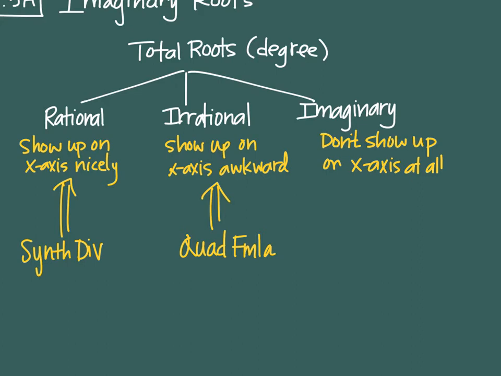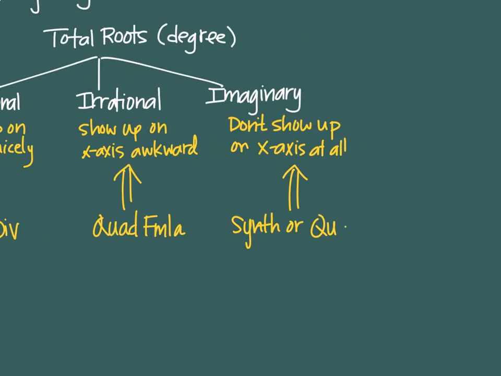So if they're not on the x-axis, then how are we supposed to find them? And we still get to use synthetic division for imaginary. So thankfully, actually we can use both methods. We can do either synthetic or we can do the quadratic formula. And I'm going to show you samples of both. So you kind of have your choice.